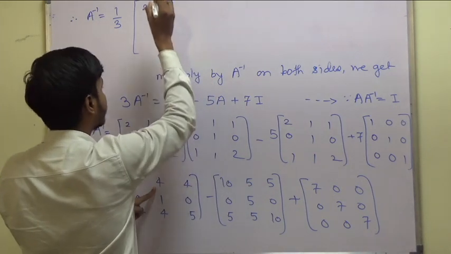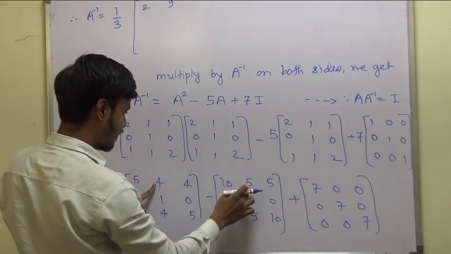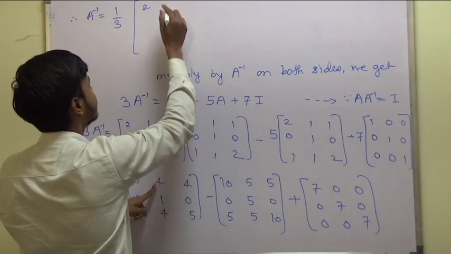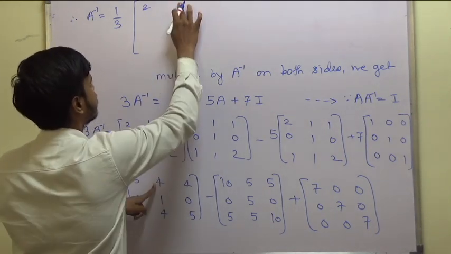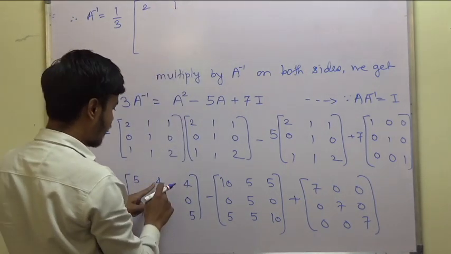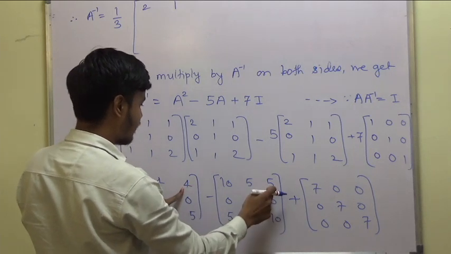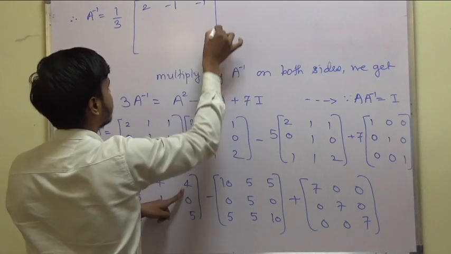So let me write it down. 9. Not 4. This is 4 minus 5. 4 minus 5 is 1. Writing very far. So 1. Then 4 minus 5 is minus 1. Okay.